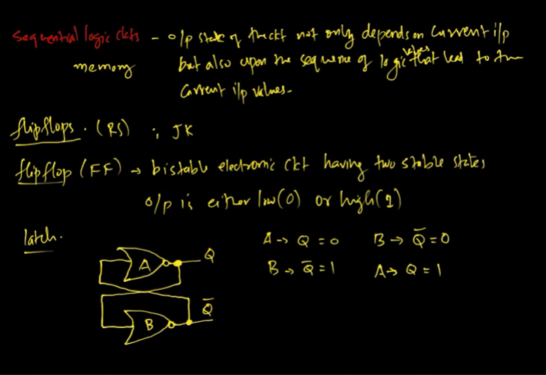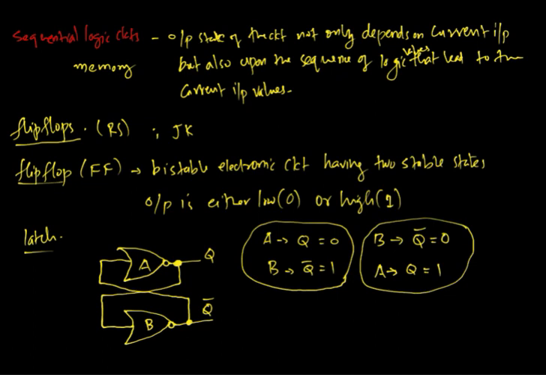So it will be in another stable state, or this is the second stable state of the circuit. So this is one of the stable states possible, and this is the other stable state possible. In this case Q is 0 and Q bar is equal to 1. In this case Q bar is equal to 0 and Q is equal to 1.